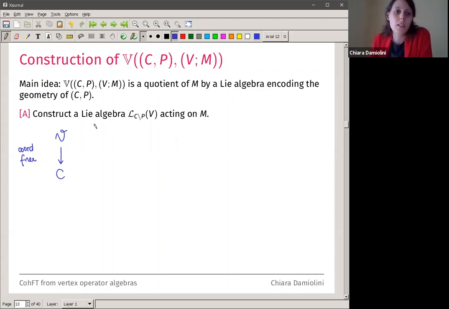And moreover, it's natural that in this case, this sheaf is equipped with a map, which is a connection.